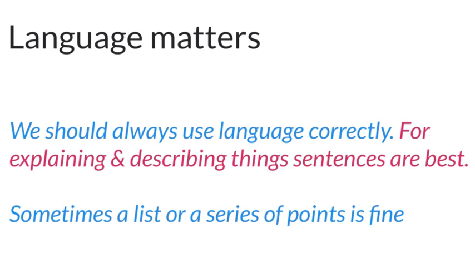Right? Now, it's very important that you use the appropriate type of language when you're doing things. For example, if you're describing or explaining something, so let's say you're setting up a research question, you're trying to give me some details, so maybe we should be using sentences.